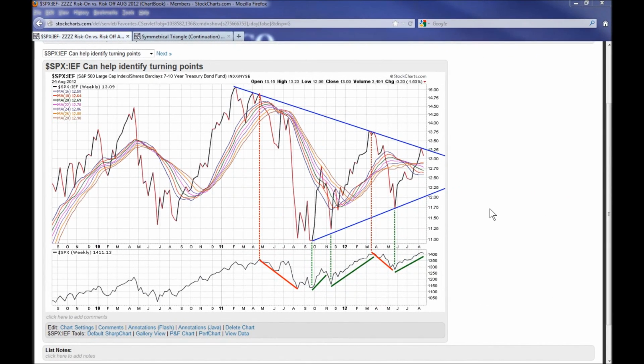In the next portion of this video, we'll look at several indicators on this weekly ratio that we've been examining. The purpose would be we're trying to see if the indicators are telling us that the odds favor a bullish break to the upside or a reversal and potentially even a bearish break of this lower trend line here in the symmetrical triangle.